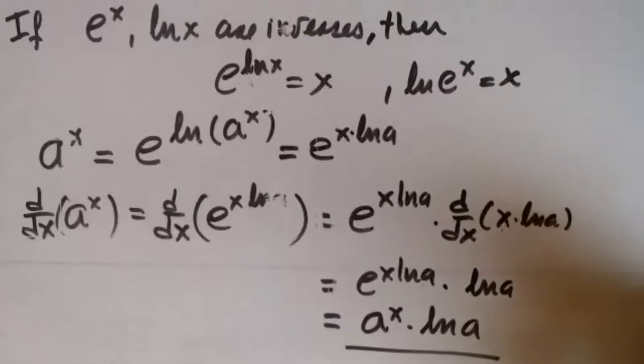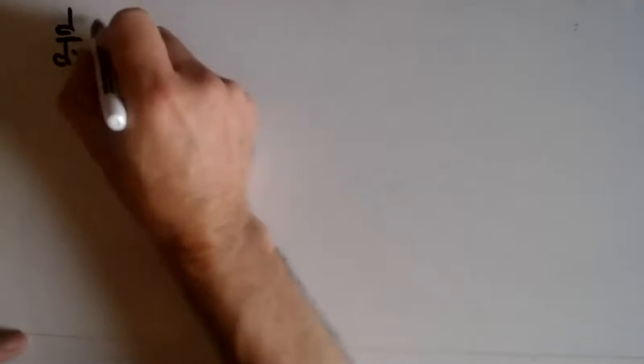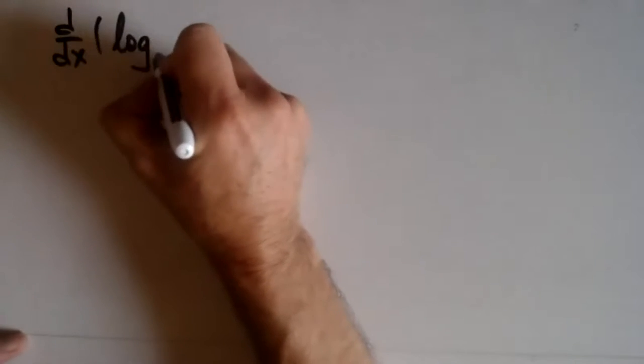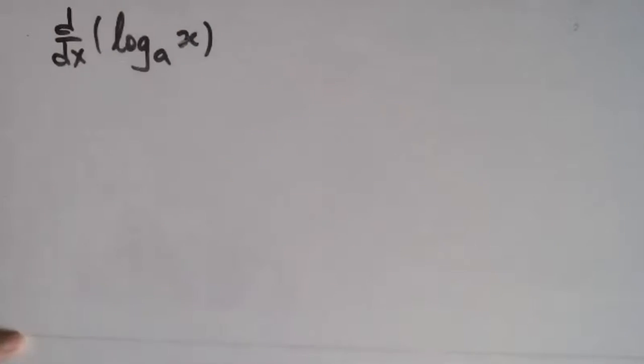Okay, let me see now what is going to happen with the log. What is going to be the derivative with respect to x of the log in base a of x?